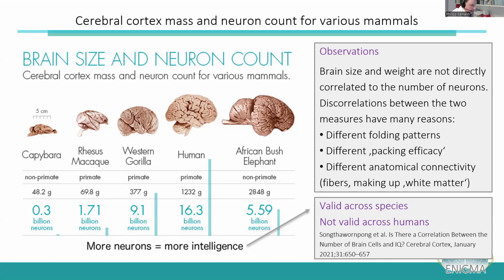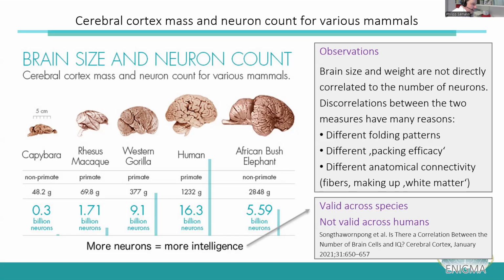If you look at the scale below, you will see that the African bush elephant, for example, has a brain weight that is more than double that of humans, but its neuron count is much lower than that of humans. So there must be sources for this discorrelation. For example, you might have different folding patterns, different packing efficacy, and also different proportions of anatomical connectivity and fiber systems.